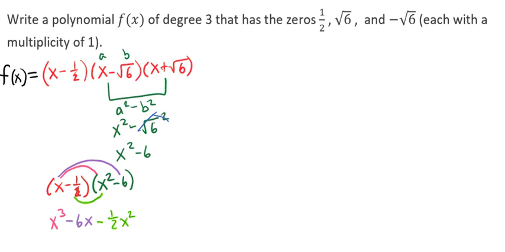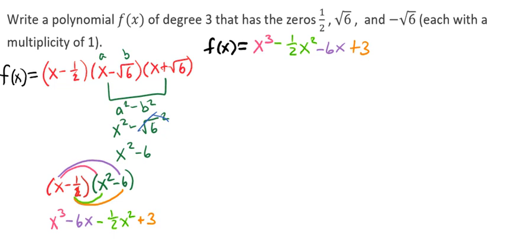And then negative 1/2 times negative 6 gives us a positive 3. So we can see here that f of x can then be written as x to the third minus 1/2 x squared minus 6x plus 3.